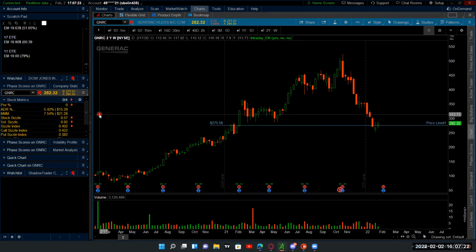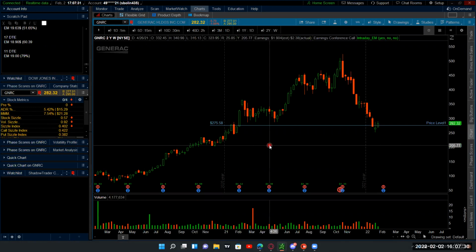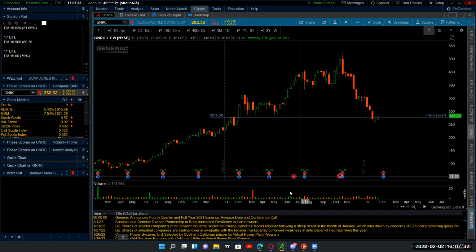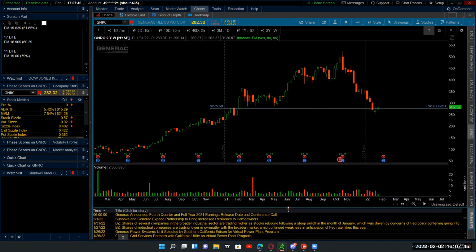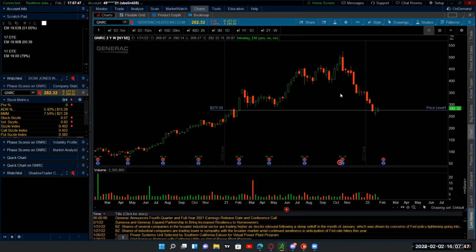It's got a 5.5% expected move, or an average daily range. Not much sizzle in there. What whacked that thing so hard to the downside? Oh, bad earnings, huh? Alternative energy. A lot of those alternative energies got whacked. I don't think I would give up on it, though.